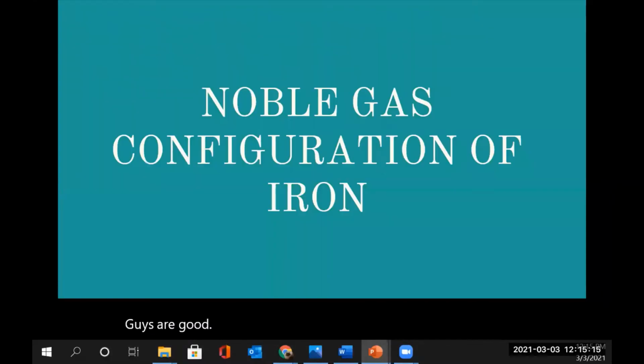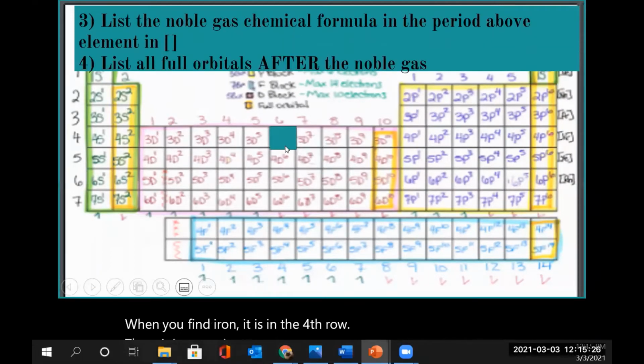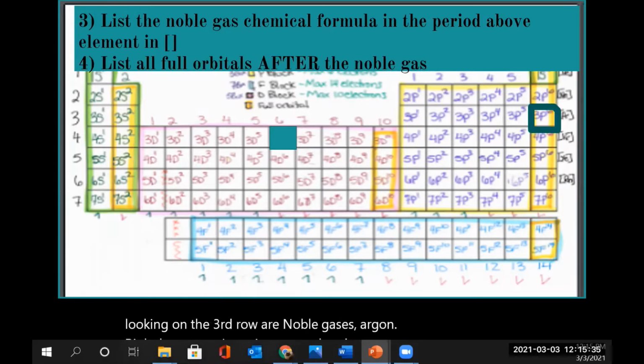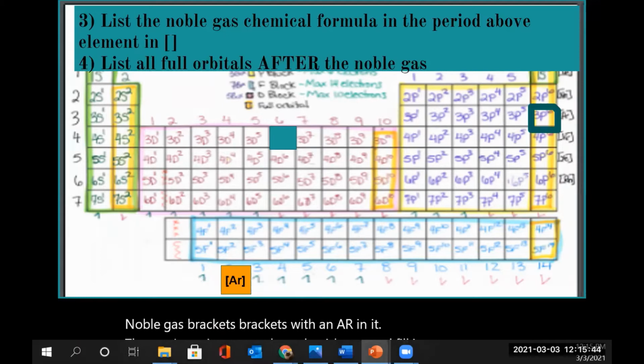Okay, let's do the noble gas configuration of iron. When you find iron, it is in the 4th row. So you find the noble gas in the 3rd row, and our noble gas is argon, right here. So we write argon in the noble gas brackets: brackets with Ar in it. Then we go along the 4th row and fill in all the full orbitals before our element.